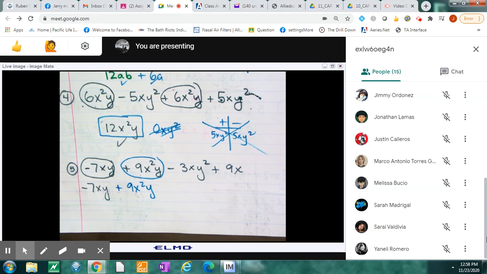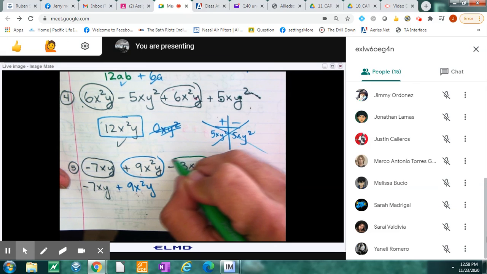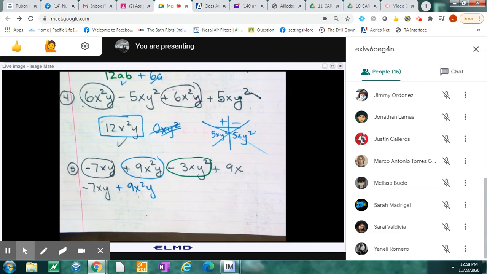All right, here we go. The next one. Let's try Jonathan Lamas. What am I going to match the negative 3xy squared with? What am I going to match it with? Jonathan. Buddy, I know you're there. What's the answer?